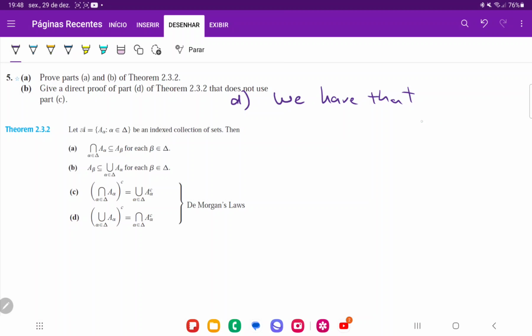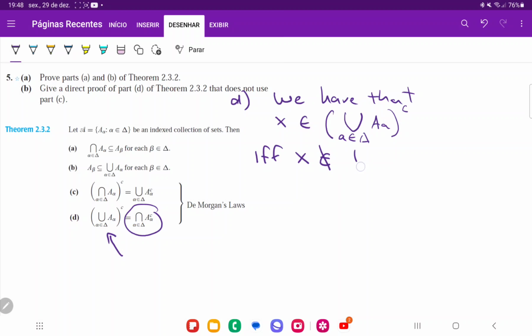we're going to first let x belong to here, and then show that x must also be in here. So we have that x belongs to the complement of the union, right? If and only if x belongs to the complement of the union, it means that x does not belong to the union, right? That's the definition of the complement.